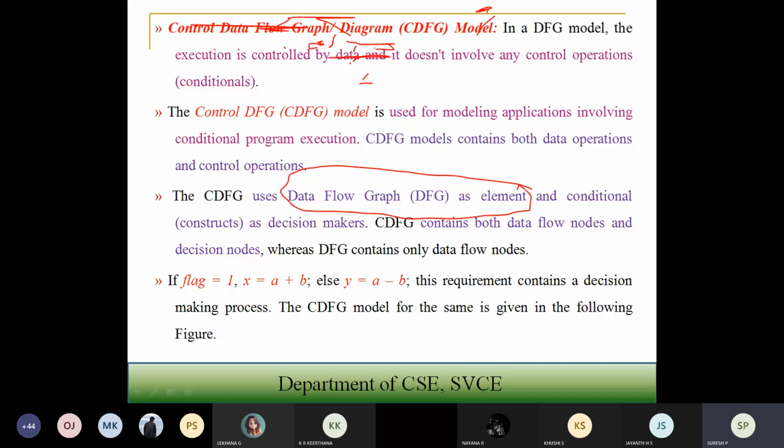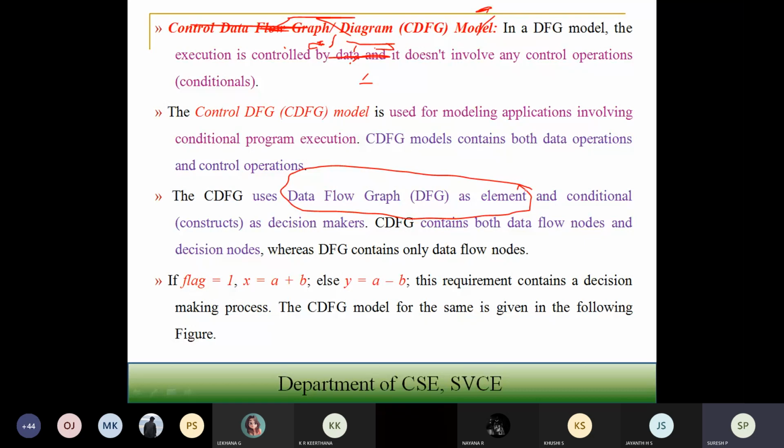Along with that, it is going to make use of decision makers. A decision maker is similar to the diamond symbol you have used in a normal flowchart. The same diamond symbol you are going to make use of here to make decisions. Okay, so it is going to have conditional constructs as the decision maker.